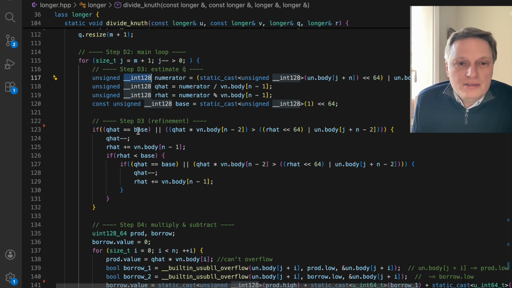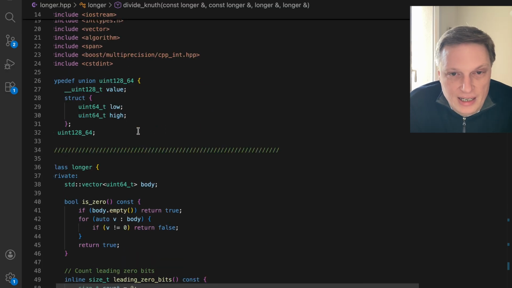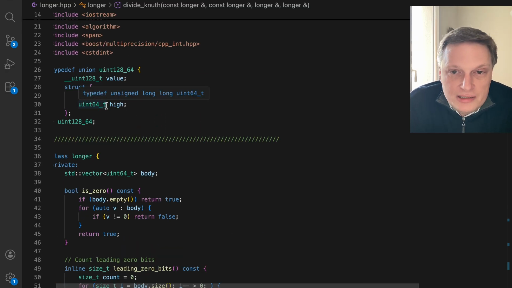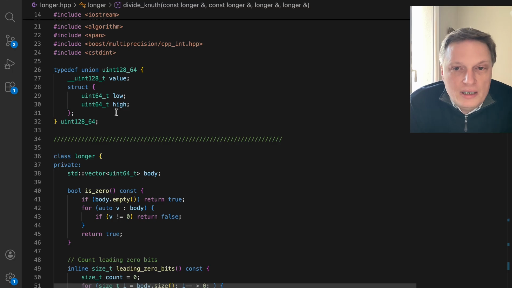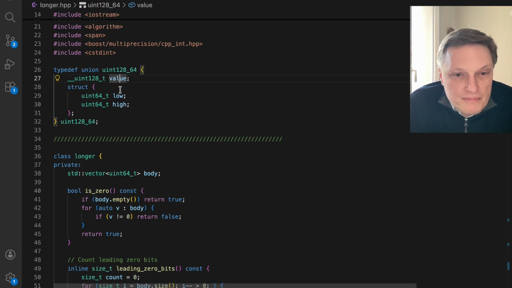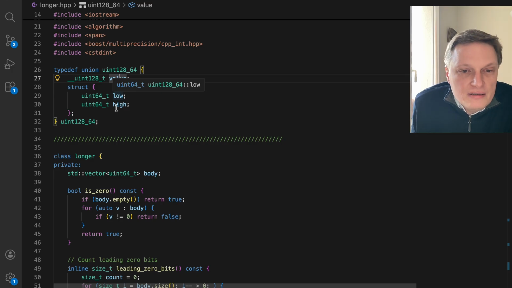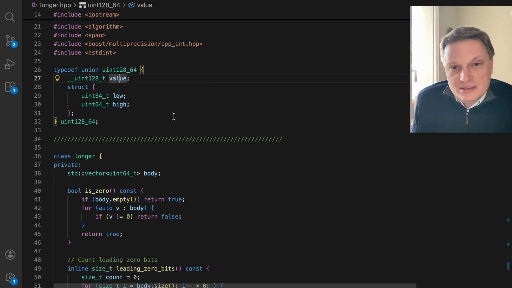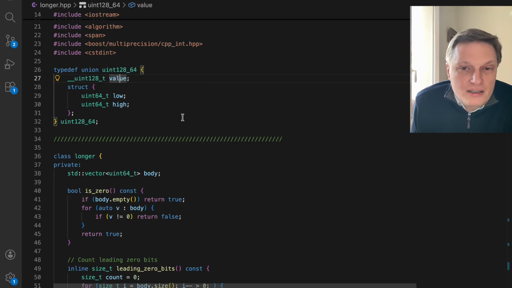But I also did something new this time. Instead of using shifts and casts to split a 128-bit value into low and high parts, I used a union, like this. Members of a union share the same address and provide simply a different representation of the same data.